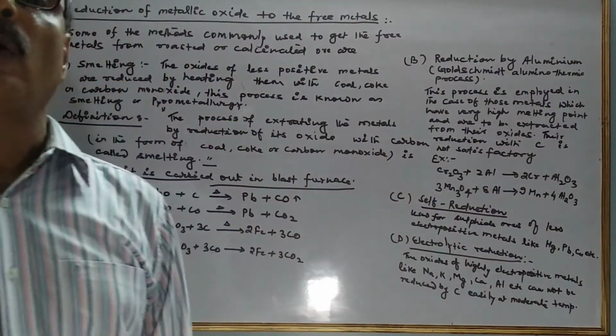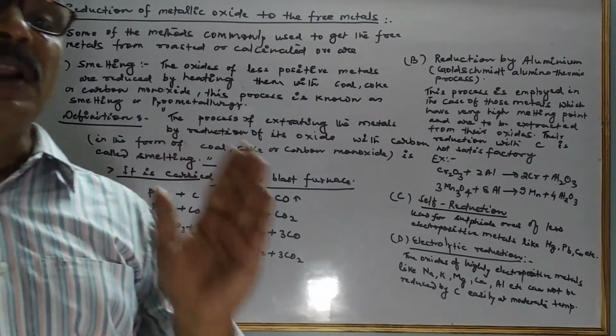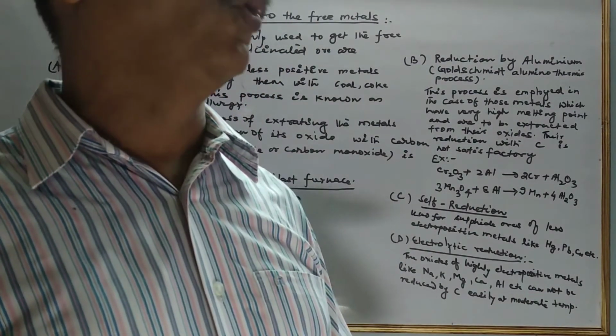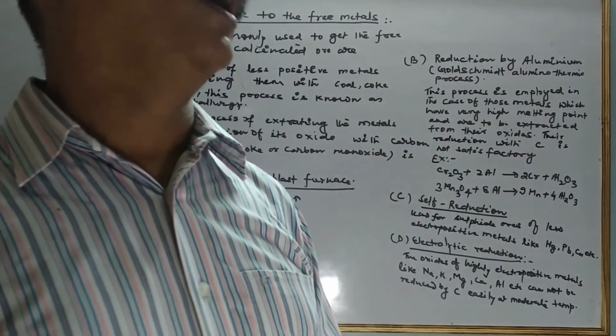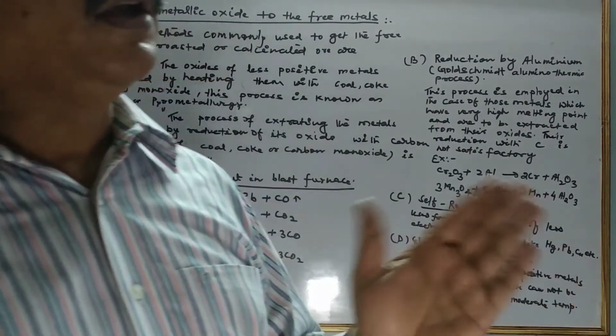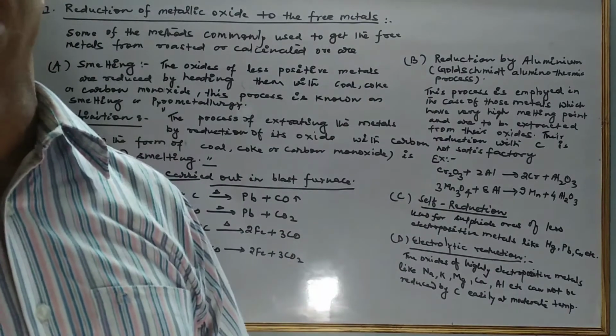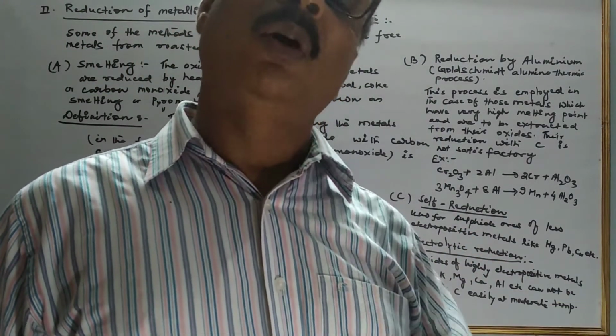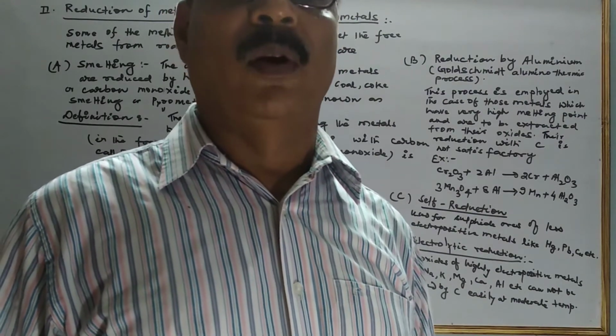Or by roasting. Roasting means heating the concentrated ore in presence of air below the melting point of the metal. That is called roasting. It is also carried out in the reverberatory furnace.